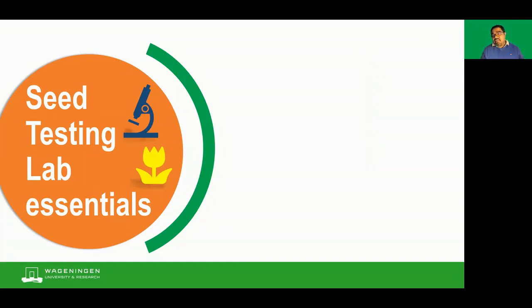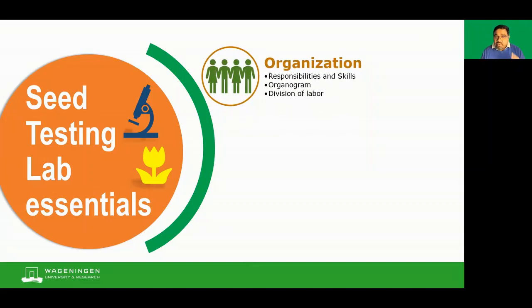Within a laboratory, everything happens in a very specified, or I would say very organized, manner. There are three very important things that are necessary in a seed testing laboratory. First of all, the organization. Everyone should be responsible, and everyone should know about their skills and their responsibilities.